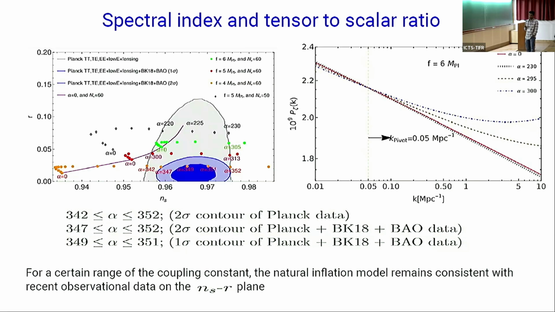We have done the same thing for different values of f, and you can find some range of the alpha value for which our natural inflation model could survive.